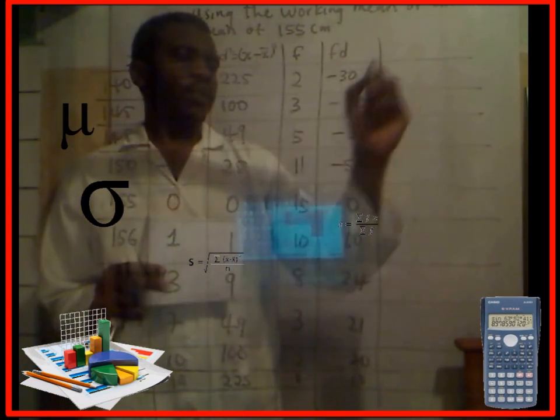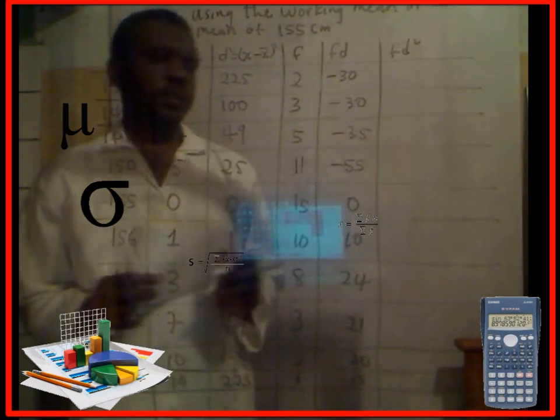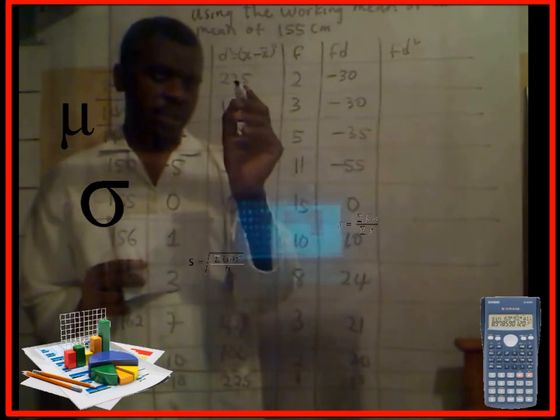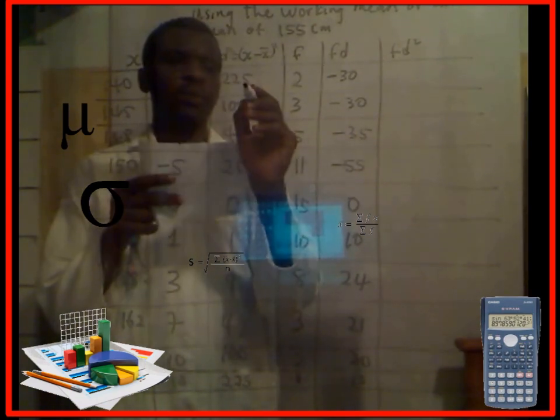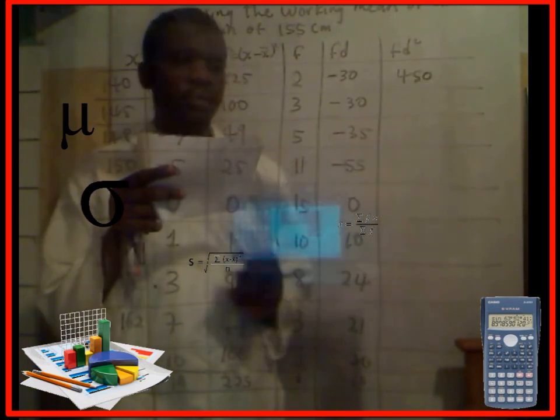I include a column for the product between frequency and d square. So it will be this times frequency. So 225 times 2, I have 450.